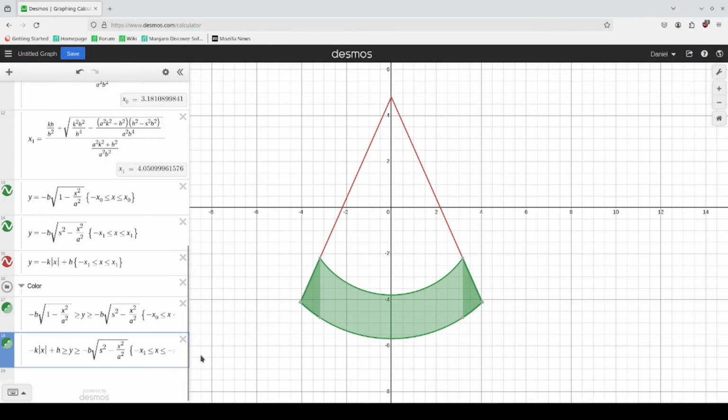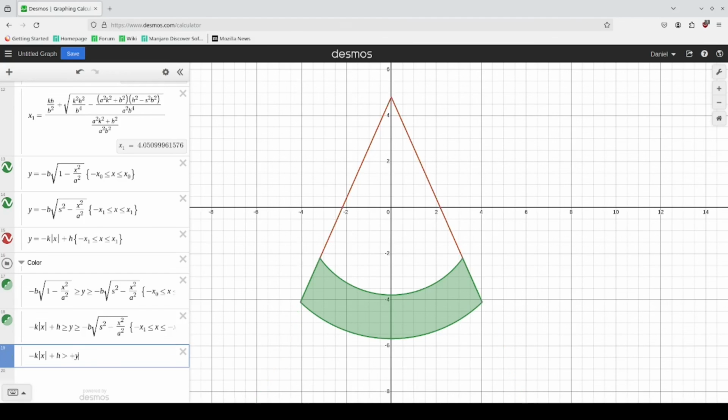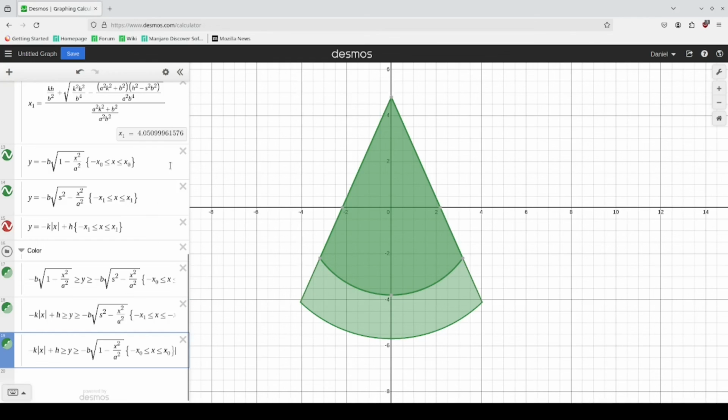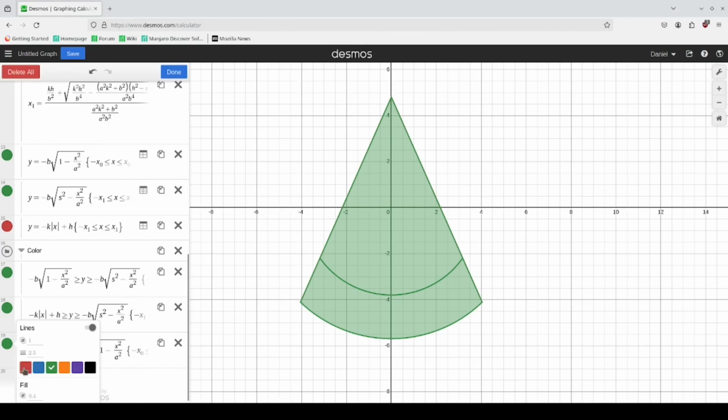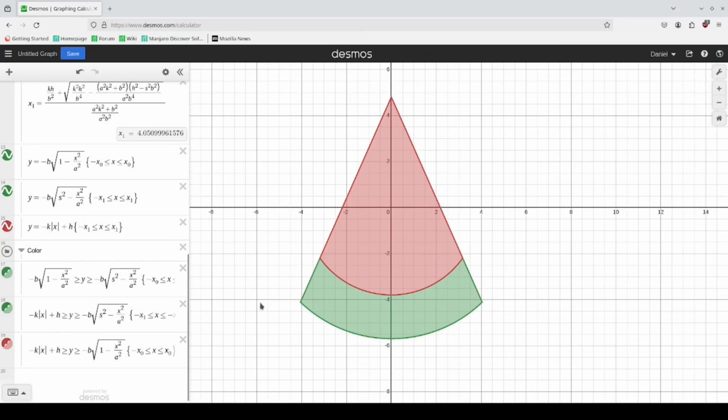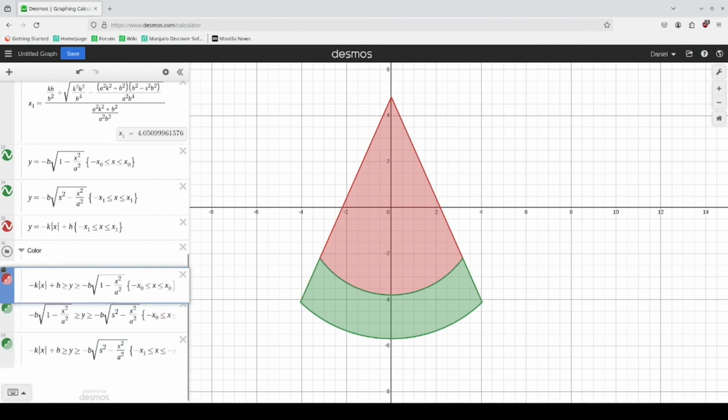We'll grab this one. And we want everything on this one because it's the boundaries we also care about. And depending on where you want your green line, if you want it to be over or on the top, then this goes in order. So in this case, I chose to put the red piece first, and I put the green piece on top of it.